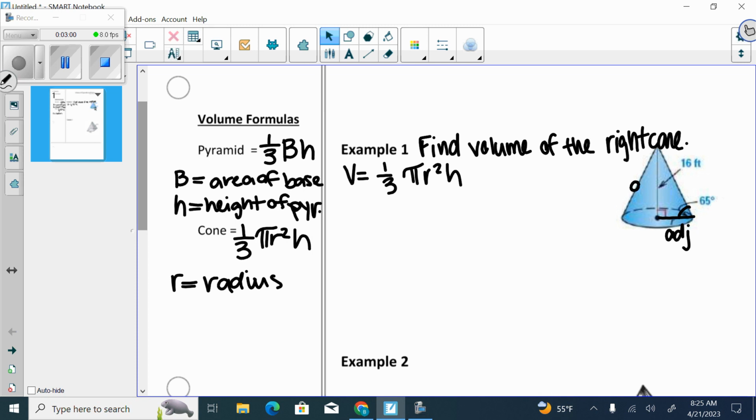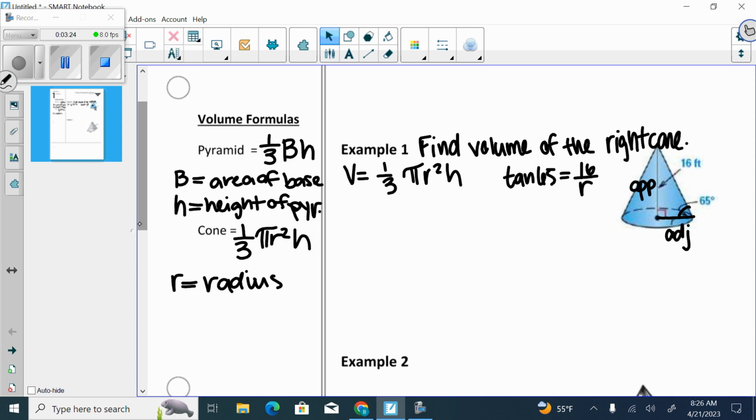And the piece they gave us is the what side? Opposite. All right, so we have opposite and adjacent. Which trig do we want to use? Tangent, good. So tangent of the angle is equal to opposite over the adjacent, which is our radius.